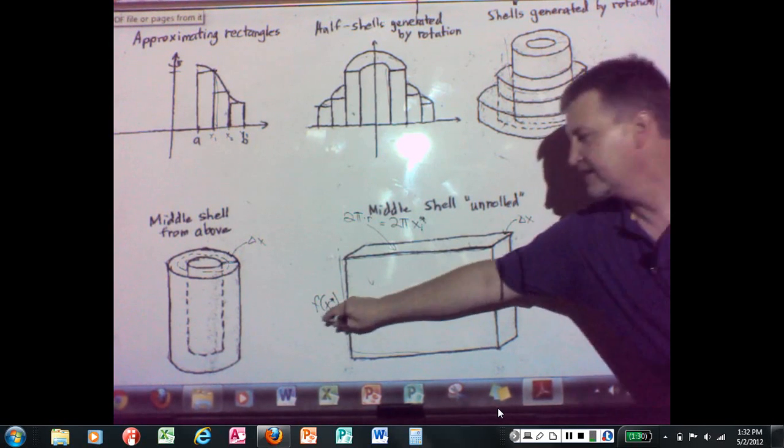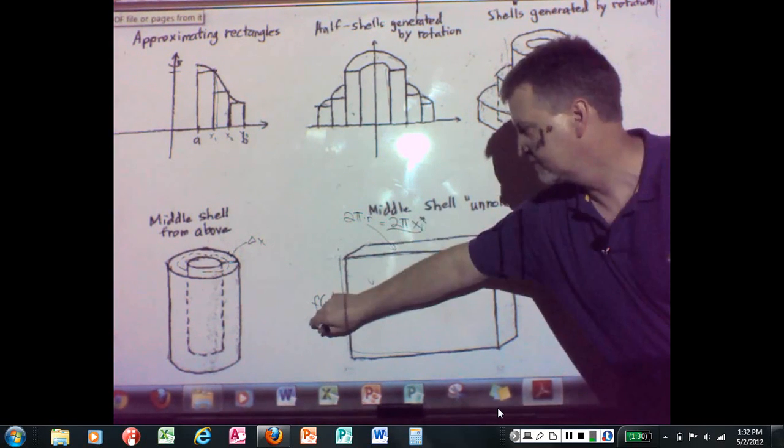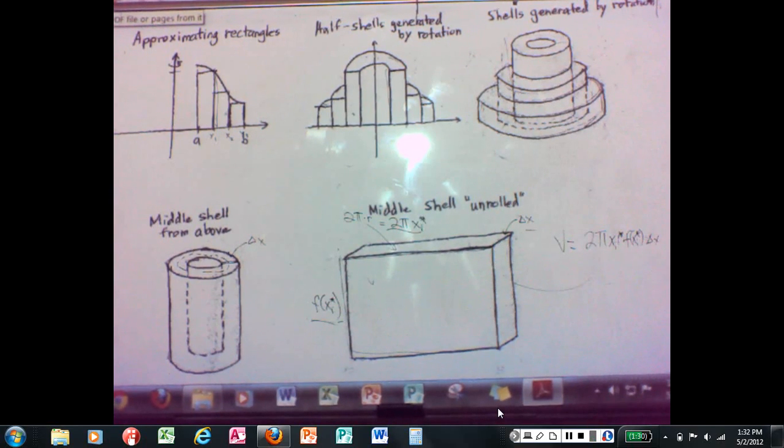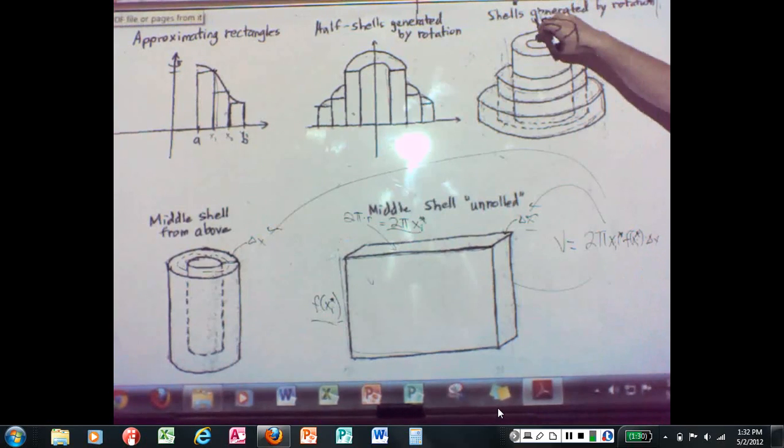Length times height times width, I guess is the way I went, but to put it in the order that we shall see it. So that's the volume of this, which is the middle one here.